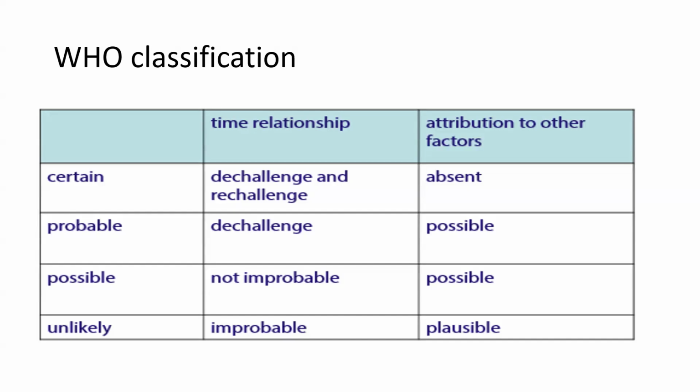So this is based on the WHO classification, on the time relationship and the contributing factors, and there is a thing called dechallenge. So when is it certain? Certain is when the time relationship is there and dechallenge is not required. Okay. Then probable means there is a time relationship, and dechallenge means we do not require re-administration of the drug.